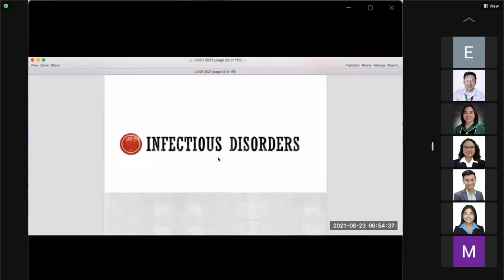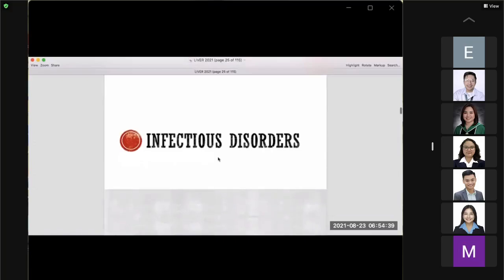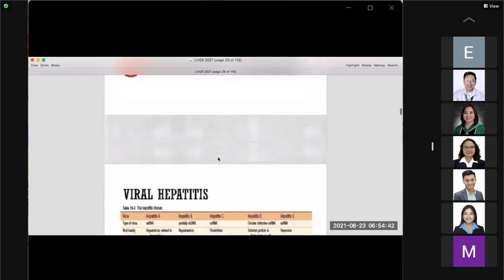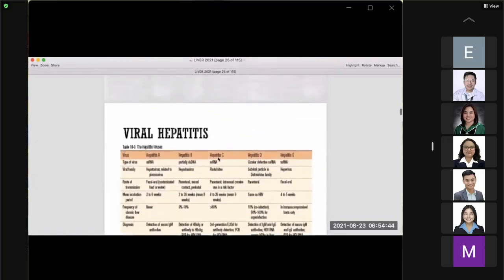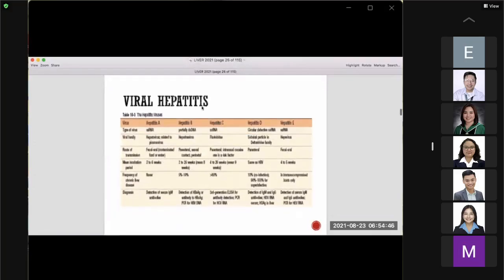Let's look at infectious disorders involving the liver. Of course, with this, we all know about hepatitis, viral hepatitis, and there are several of that.